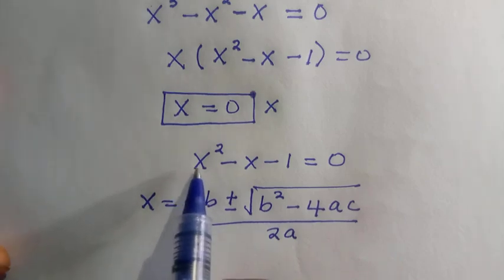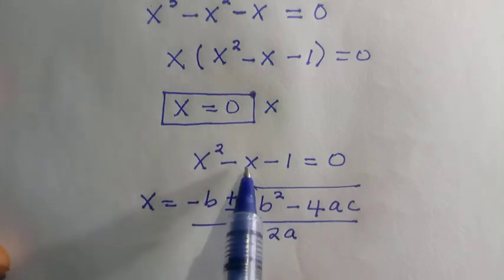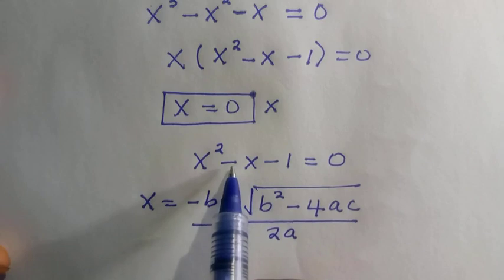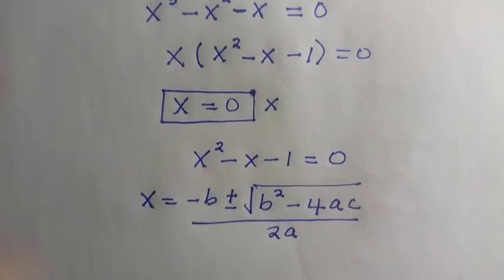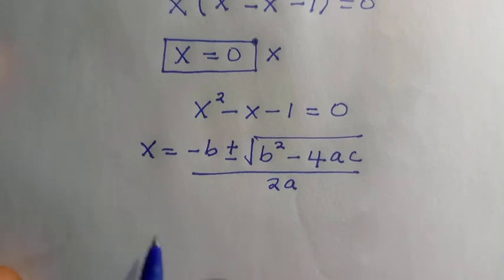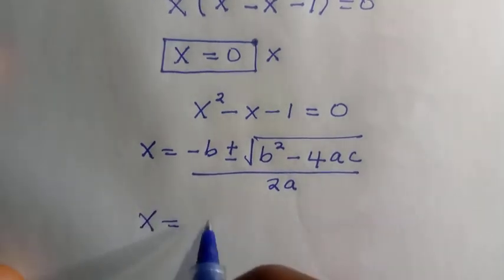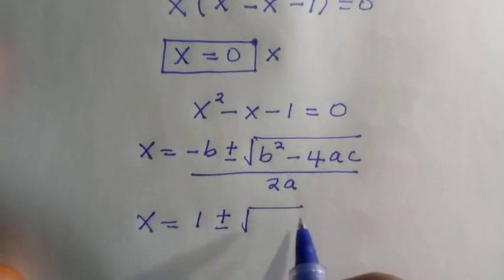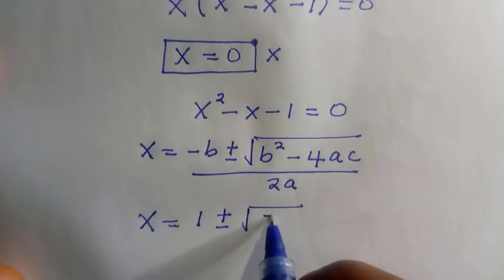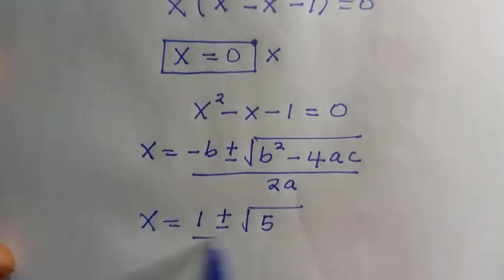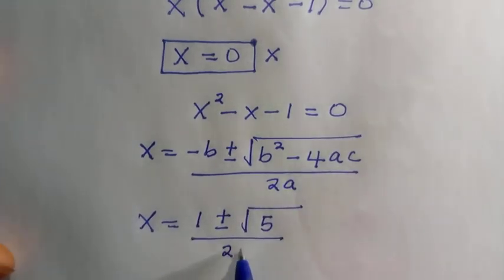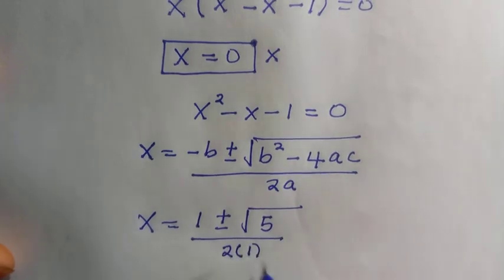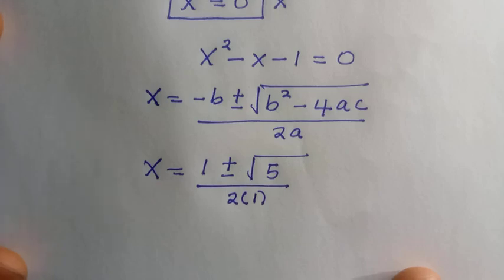The coefficient of x squared here is our a, which is 1. b is the coefficient of x, which is minus 1, and c is minus 1, which is the constant value. By plugging everything in, we are going to have x equals 1 plus or minus the square root of 5, divided by 2 multiplied by 1, which is the value of a.